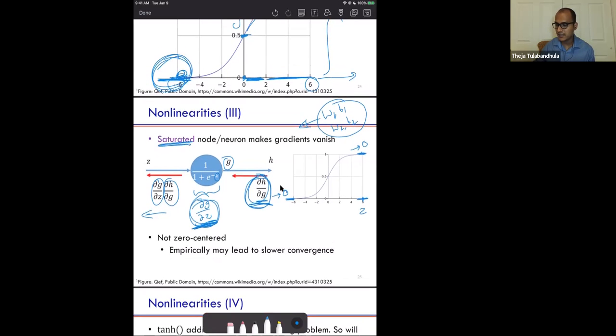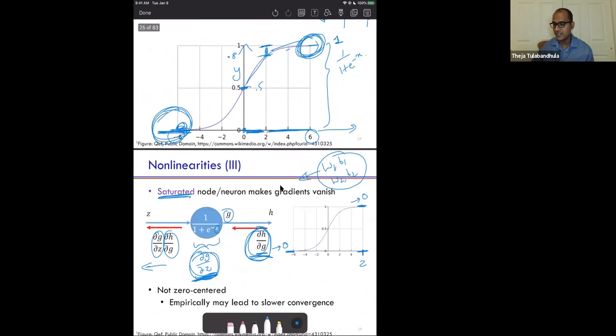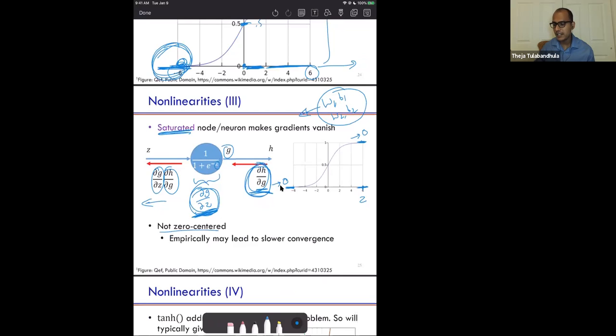And there's another aspect, which is that this nonlinearity is centered around 0.5, in the sense that whatever numbers are on the input side, let's say they are evenly distributed between -6 and 6, on the output side all the numbers are between 0 and 1. So it's not symmetric around 0, which could be an issue as well.